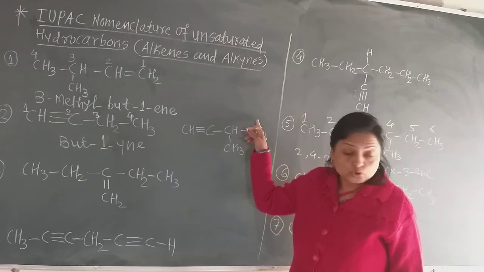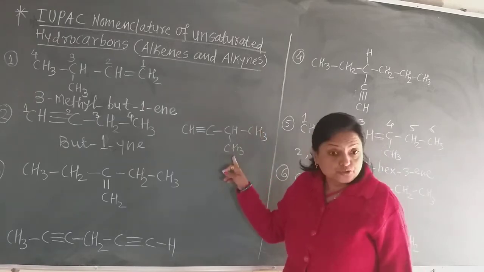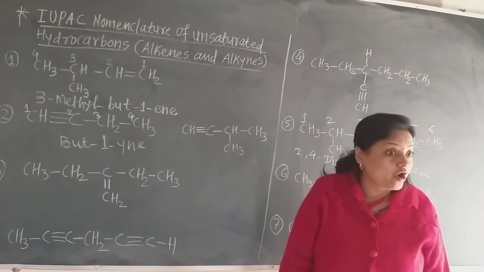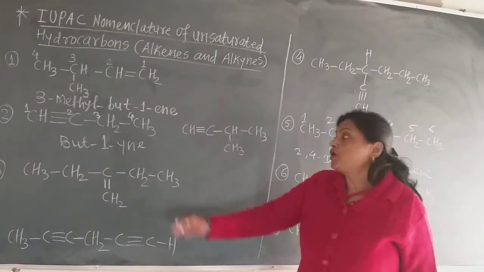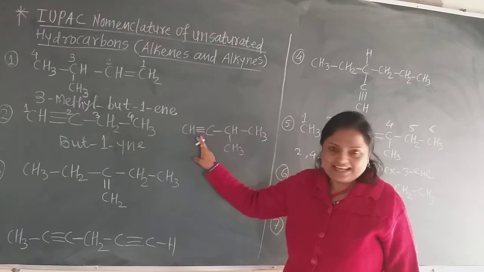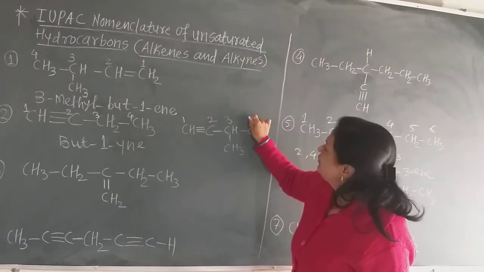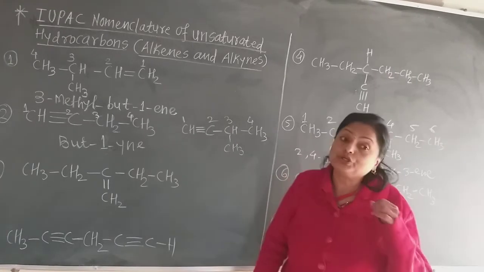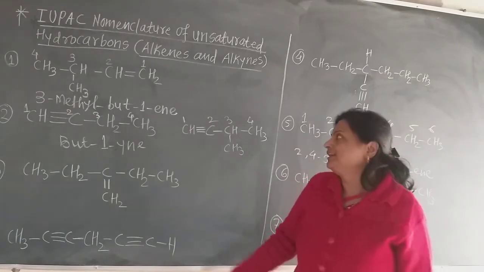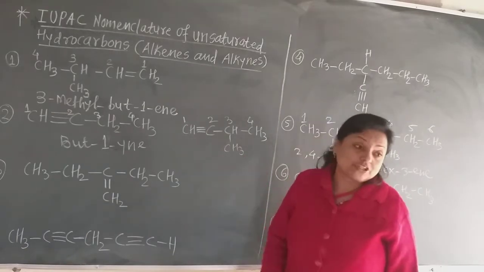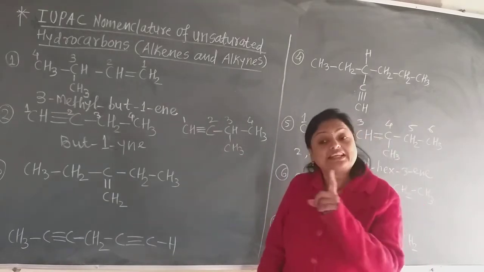Remember, though this methyl group is nearest to this end, always see where the triple bond or double bond is first. Now from this side, it is nearest. So always give the numbers 1, 2, 3 and 4 in this way, because we have to give the preference first to what? Double or triple bond. And then we will think about the alkyl group in the case of alkene and alkyne.